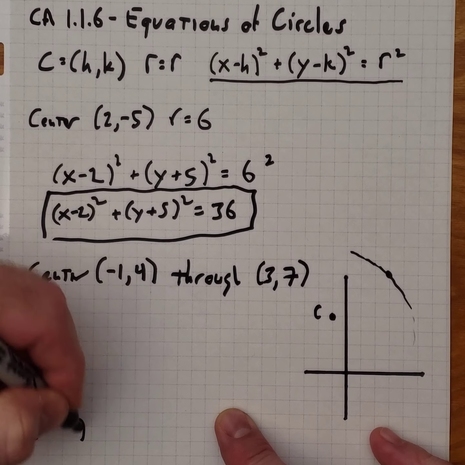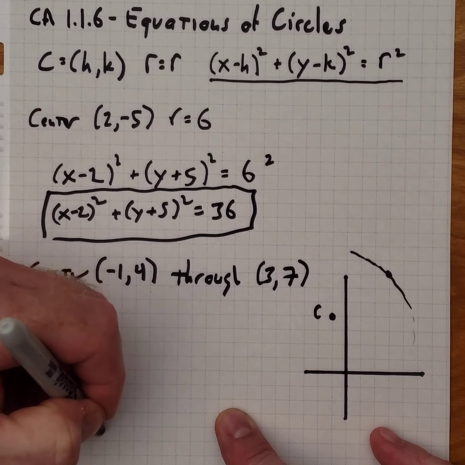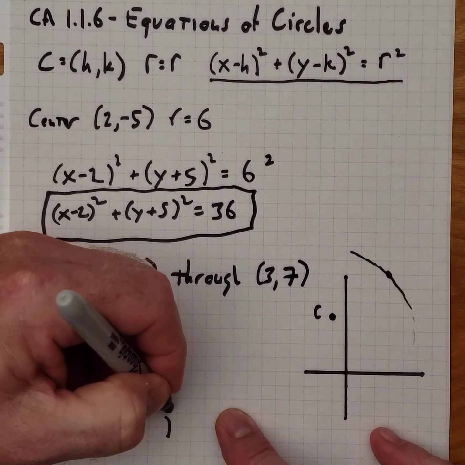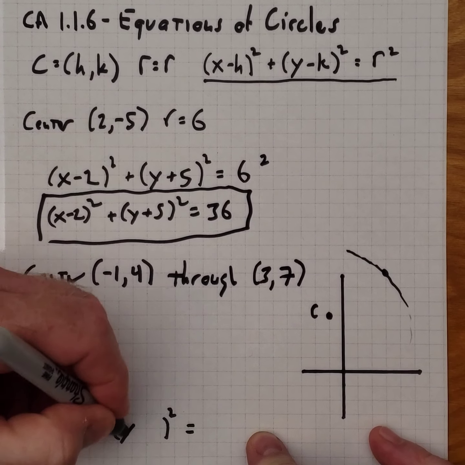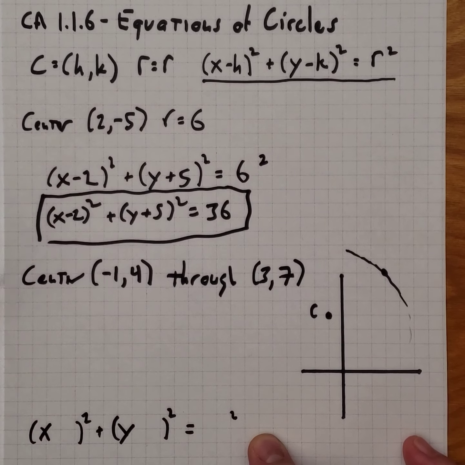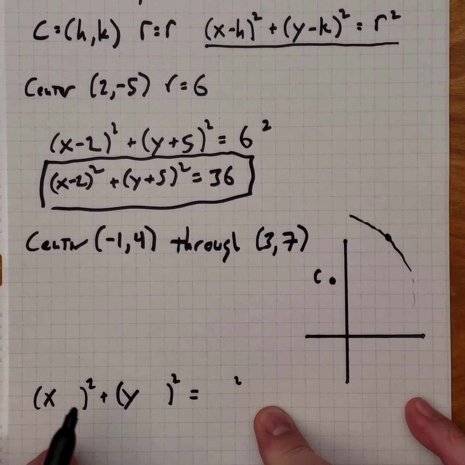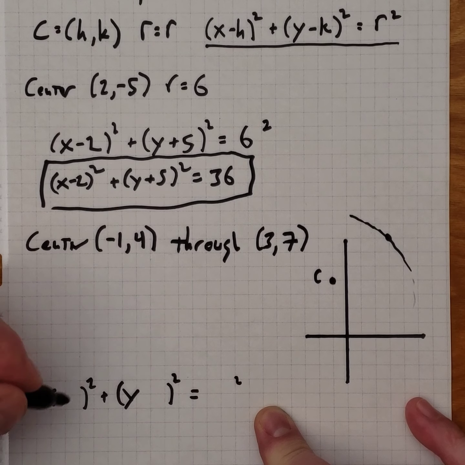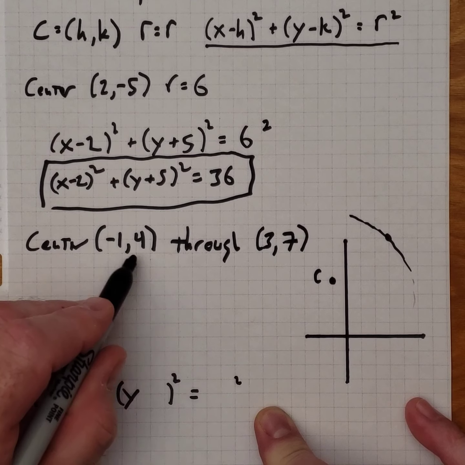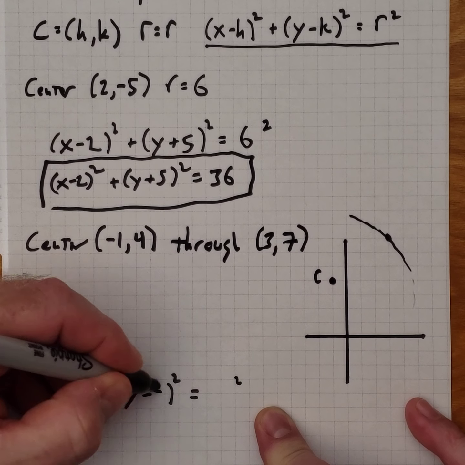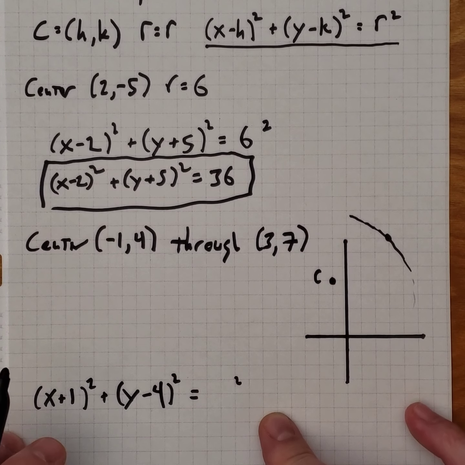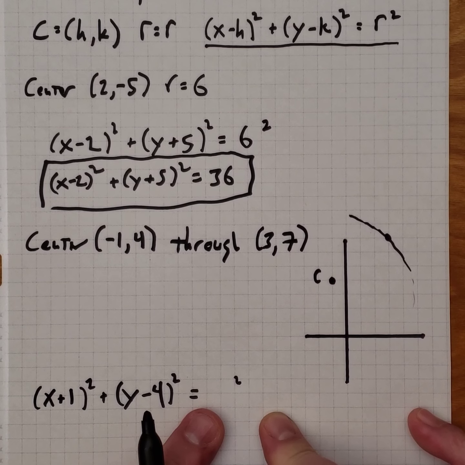We've got our x something squared, our y something squared, and then our radius squared over here. We need three things. We need the x-coordinate of the center, which we have, so we can put in our x plus 1 there. We need the y-coordinate of the center, which we have, so minus 4. Remember, change the sign. And then the other thing we need is the radius.